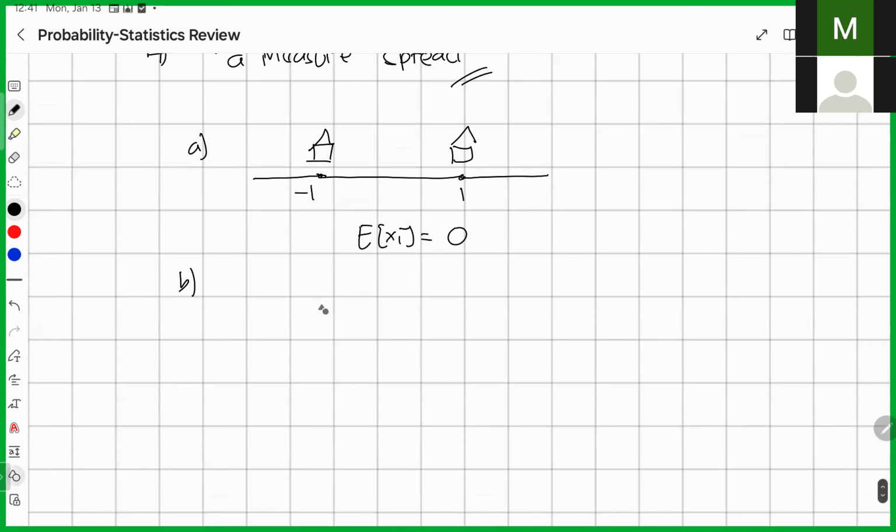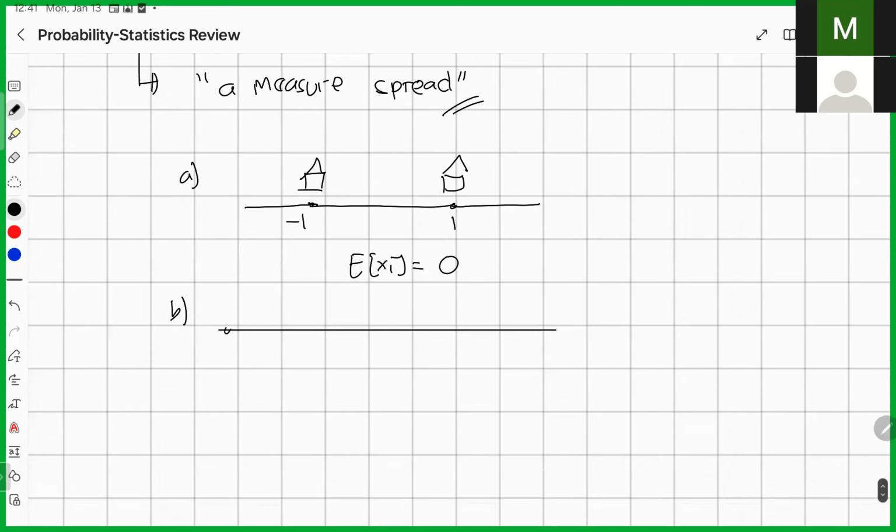How about this second case, where we also have two houses located in a different coordinate, but in this particular case, these two houses are located far away.